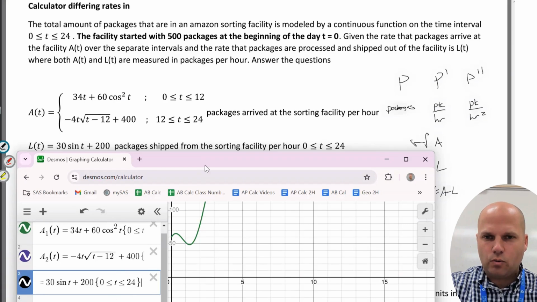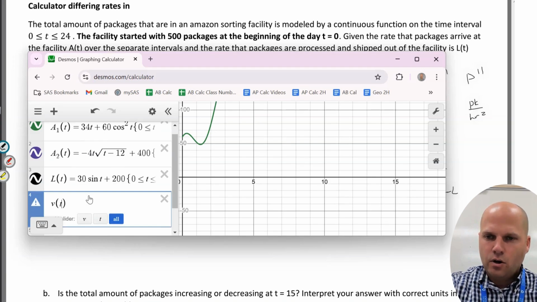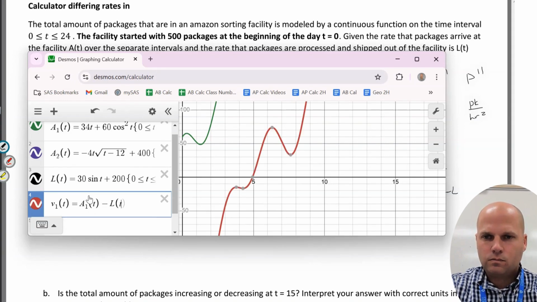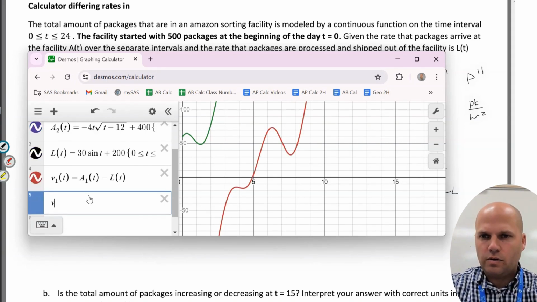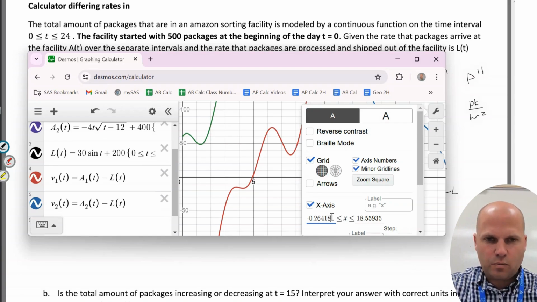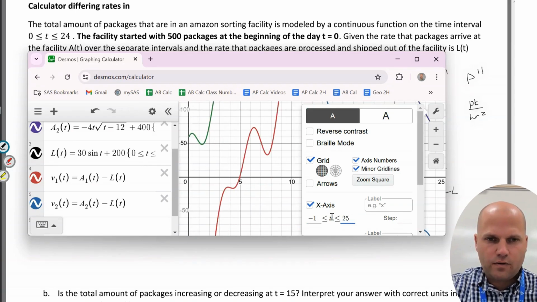Great. I'm going to want to look at the velocity of my situation, but I have two velocities. I have A1 minus L. My second velocity is A2 minus my L. And I want to look at this from 0 to 24, so I'll go from negative 1 to 25.